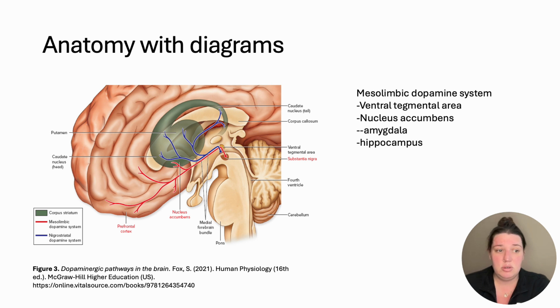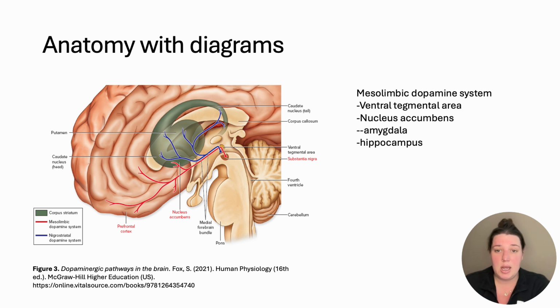The ventral tegmental area is in the midbrain, and it's crucial for reward processing, motivation, and addiction, containing dopamine, GABA, and glutamate neurons that project to various brain regions.